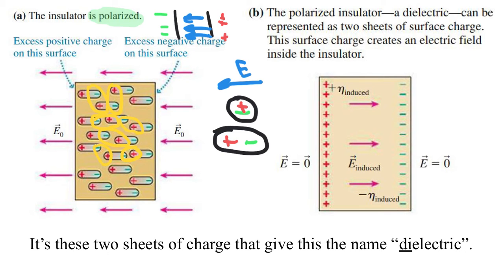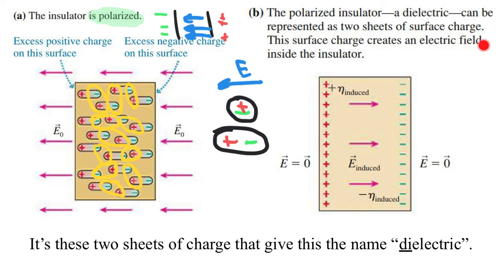Now I'm not doing anything physical, I'm just grouping them in my mind, but you can see that I can basically form interior pairs that are still neutral. And yet what I end up with here is a sheet of uncompensated positive charge and a sheet of uncompensated negative charge. We can represent this as two sheets of surface charge with a neutral region between them.